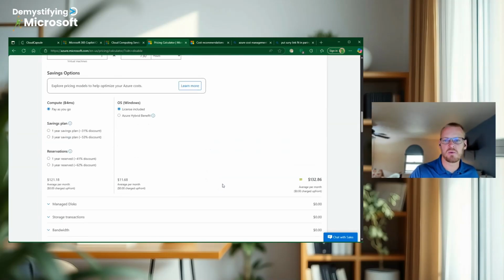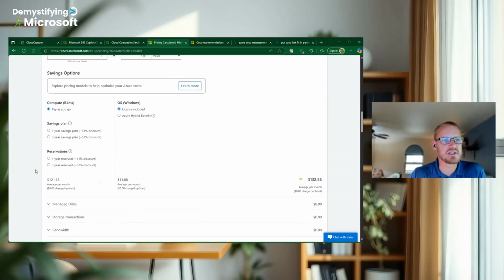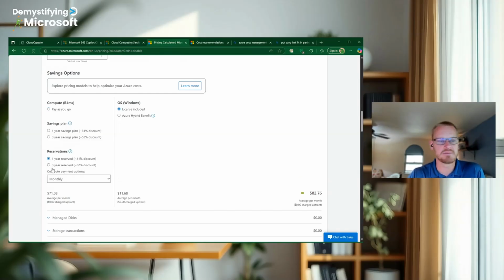And if we go to a smaller one, it's definitely not enough of a cost savings to make a difference. So it is important that you pay attention to where you use hybrid use benefit. But on the B series, there is still value in reservation. So that $132 VM becomes an $82 VM on a 1-year reservation.